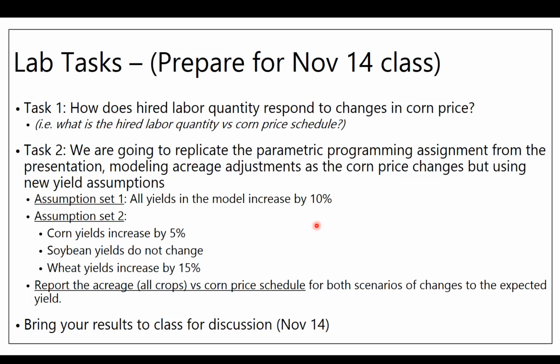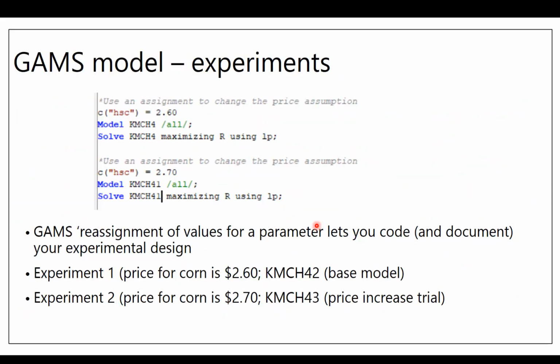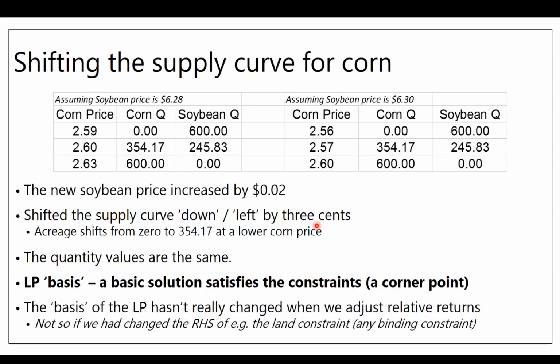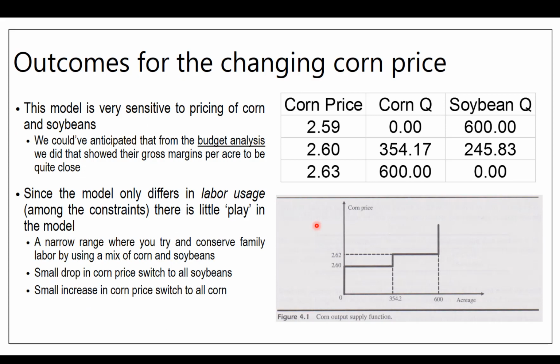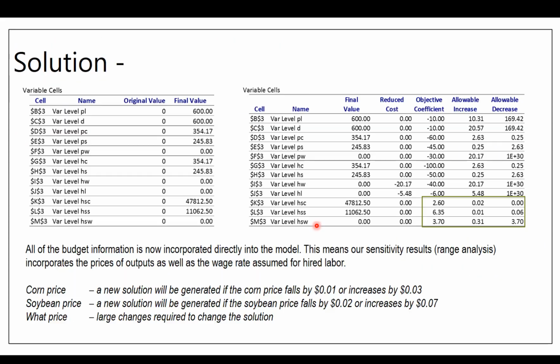Because we're using the true allowable increase and decrease for the price of corn, everything we do just matters that we're getting outside of these two ranges.